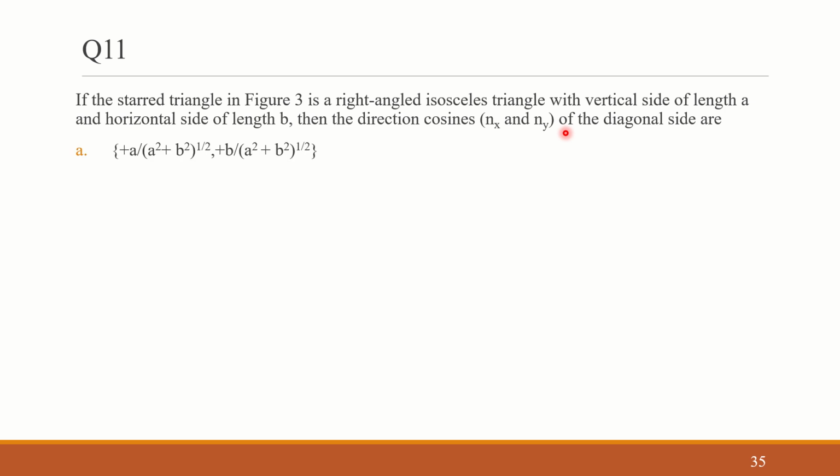So I'll give the options. Option A, it is A by square root of A square plus B square, comma B by square root of A square plus B square. Option B, it is B by square root of A square plus B square, comma A by square root of A square plus B square. And option C, it is minus B by square root of A square plus B square and A by square root of A square plus B square.